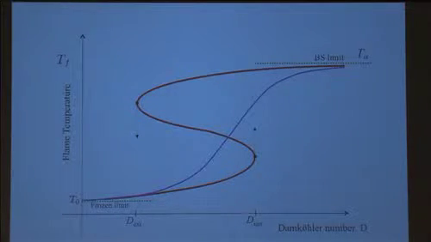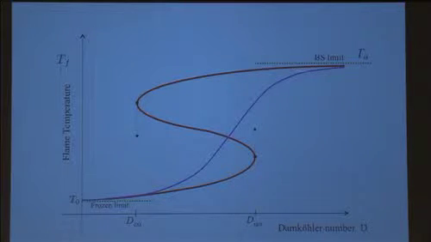On the other hand, I can start with the frozen limit and increase the Damköhler number up to a point where there is no more solution which is weak burning, and the solution suddenly jumps up to a very strong burning, and we refer to that as ignition. So the S-curve has this phenomenon of possible ignition and extinction.